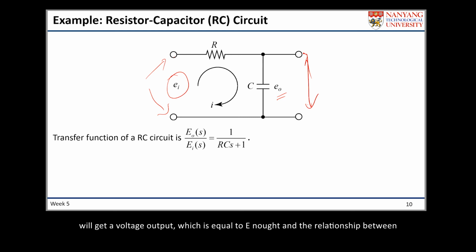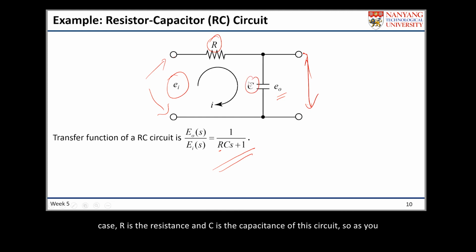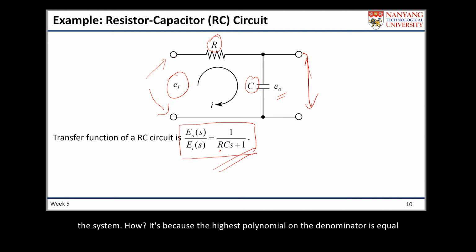And the relationship between E0 and EI is represented as a first order system like this, where R is the resistance and C is the capacitance of this circuit. So as you can see clearly, this transfer function has a first order dynamic. How? It's because the highest polynomial order in the denominator is equal to 1.